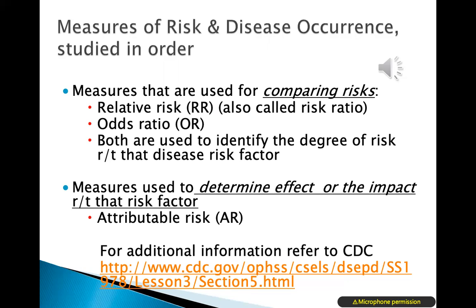That has a different purpose. Attributable risk is valuable to determine the effect or the impact related to that risk factor. So again, the first two compare risks, and the second one determines the impact related to that risk factor on the situation.